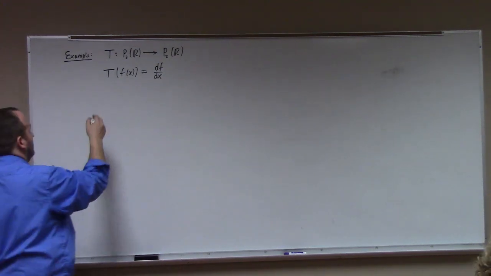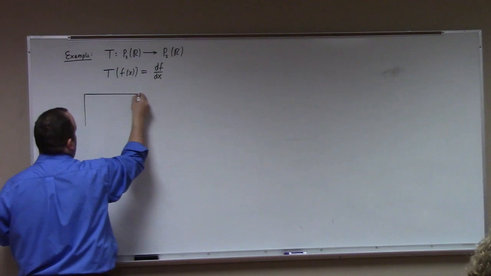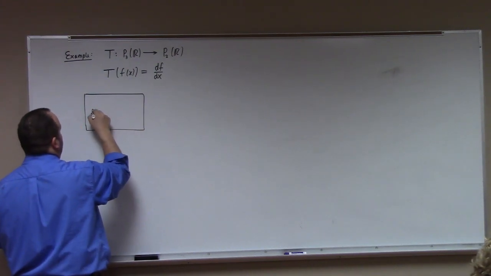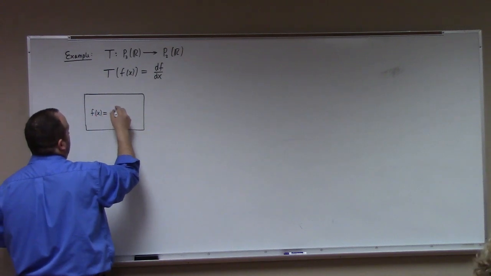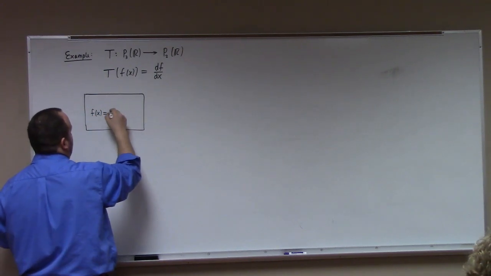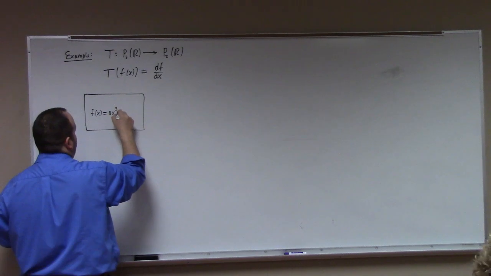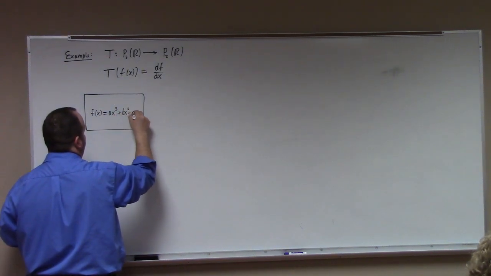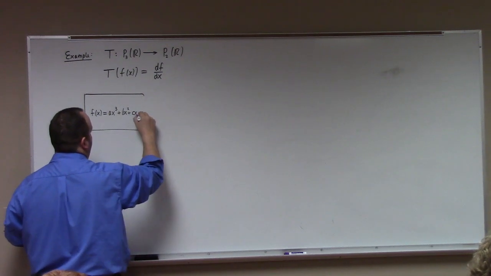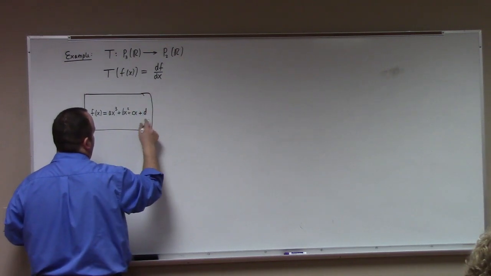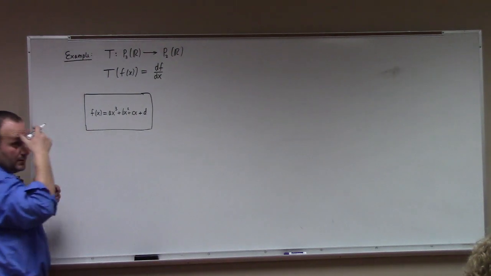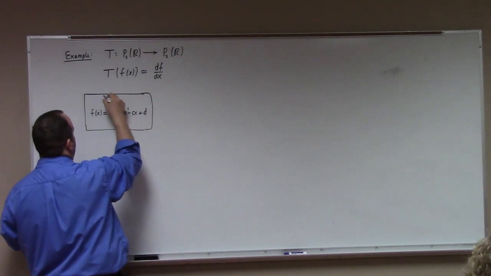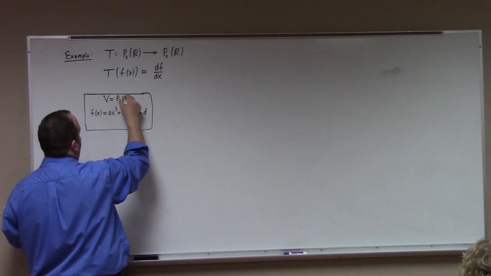All right, so I like to organize my thinking with a picture. So f of x equals, what's a typical cubic? Something like ax cubed plus bx squared plus cx plus d, right? You guys with me? And then there's my V. I'm thinking of V as equal to P3.